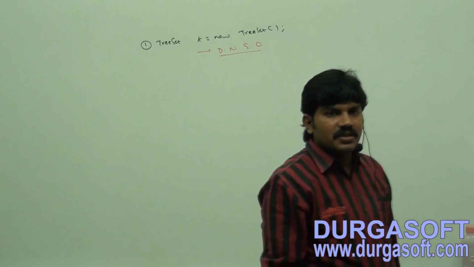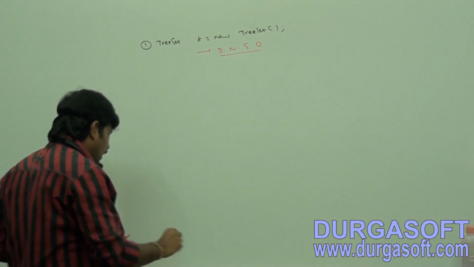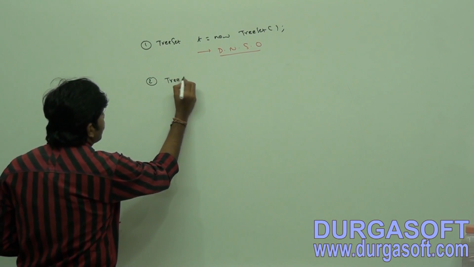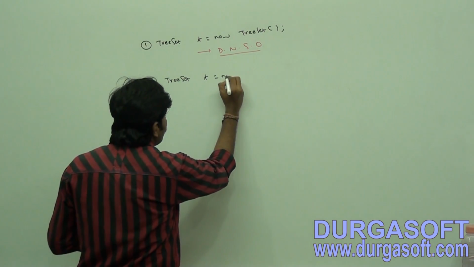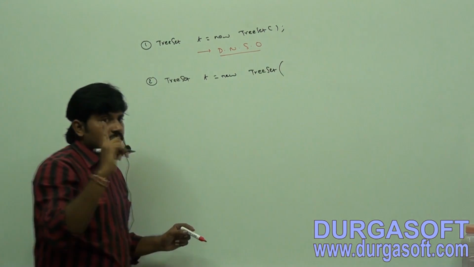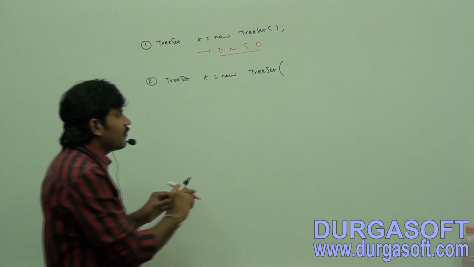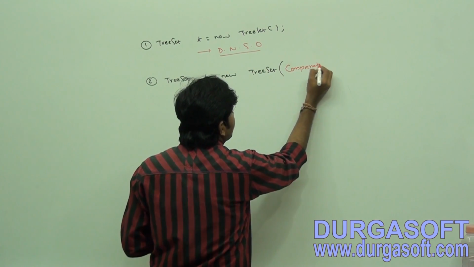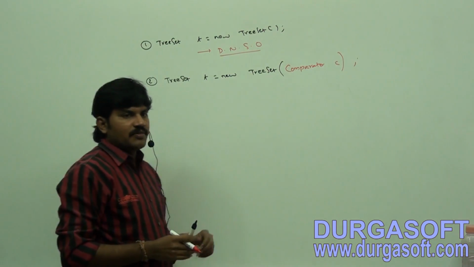Where all objects will be inserted according to what? The default natural sorting order. That is the first one. Now the second: TreeSet t = new TreeSet(Comparator c). If you pass a Comparator object, have you observed the difference?